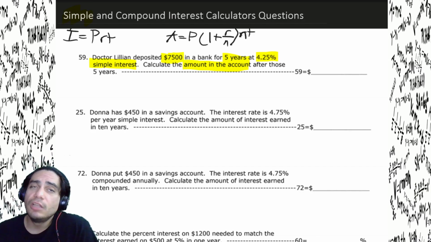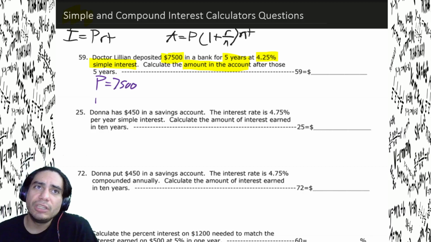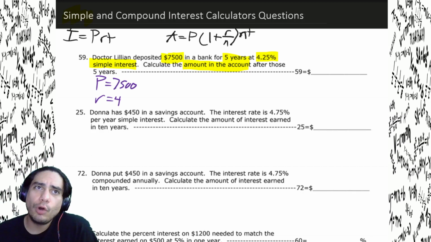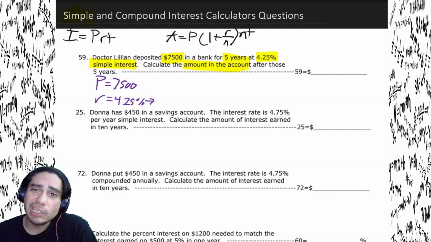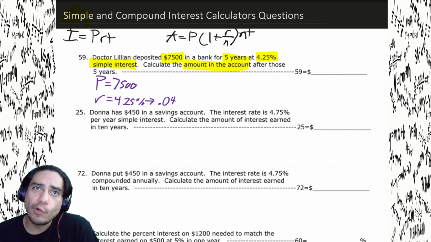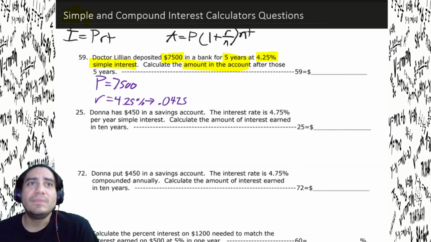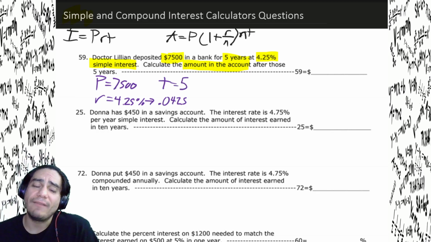First things first, my P is 7,500. The interest rate is going to be 4.25%, but we don't want it as a percent. We want to change that to a decimal. So we're going to change it to 0.0425, all right? Next is going to be our time. Our time is going to be 5 years.